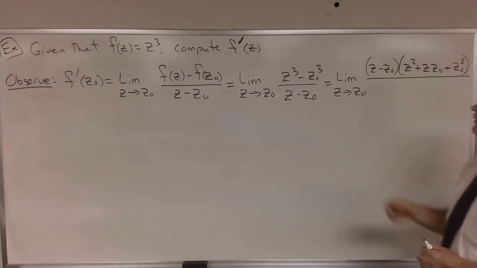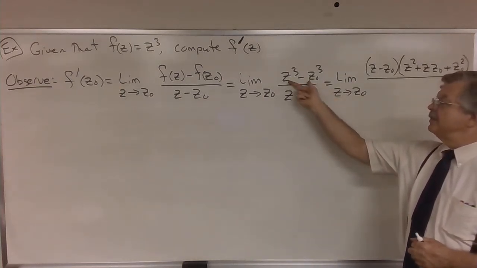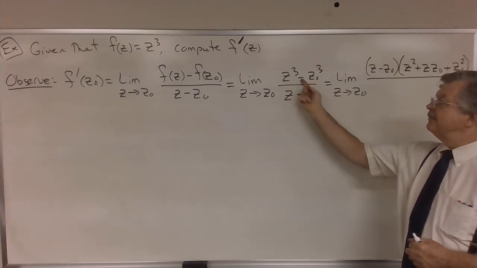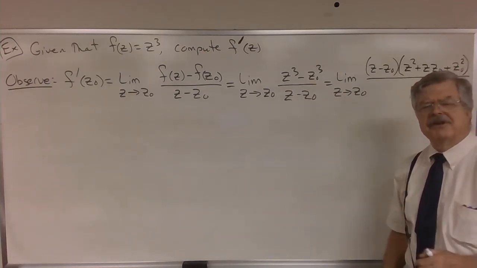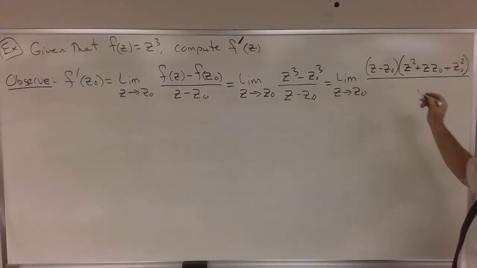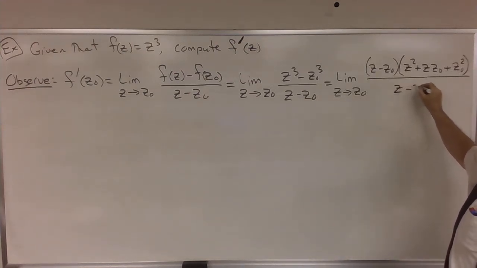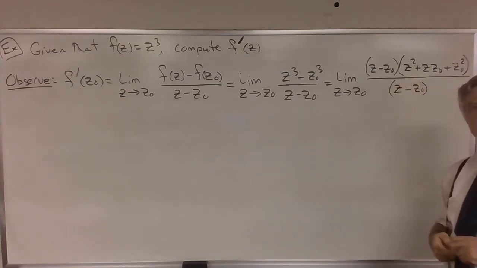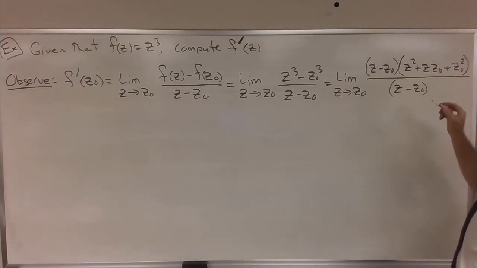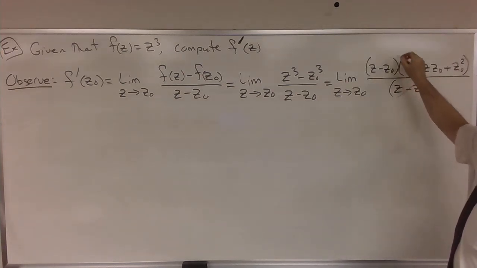And in general, this is how we factor the difference of cubes. I'll write that down after I finish this exercise. I'll write down the factorization of sum or difference of perfect cubes. Oh, there's our troublemaking factor.